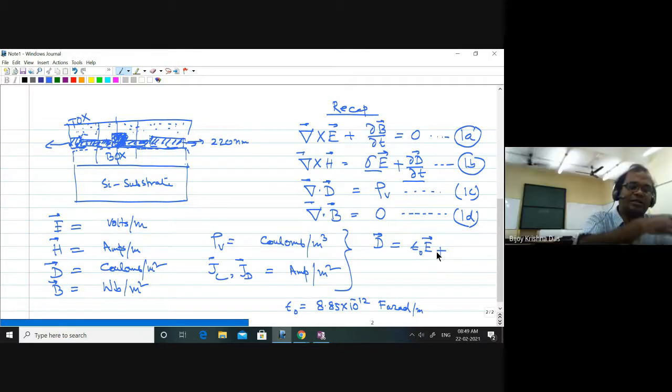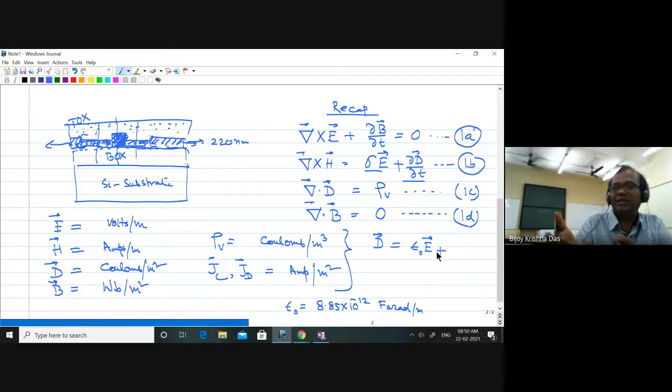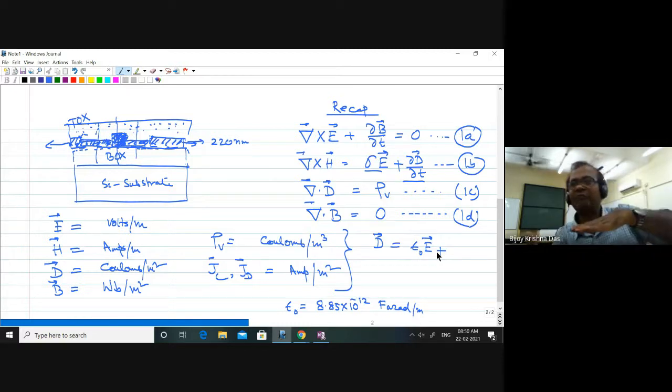If you are combining all these equations, this additional field can be in a different direction. Whatever polarization is created, the dipoles that are created, can give you an electric field. That means it will create an electric field surrounding it in a different direction. So you have an external electric field, and then you have an internal electric field that is a bit distorted.